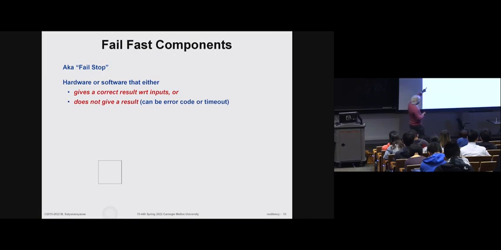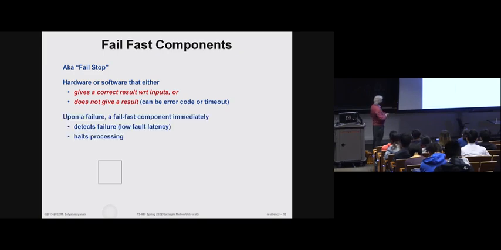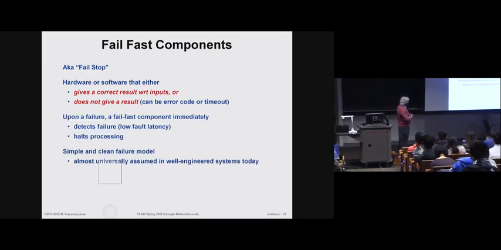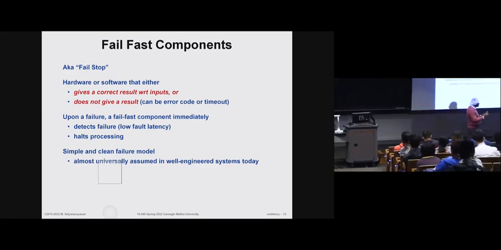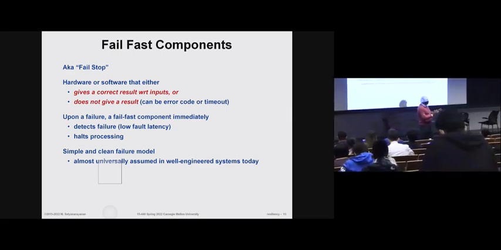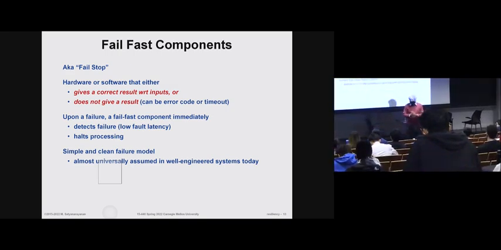Notice how similar this is to the definition of at most once RPC. That model, if you're able to achieve it, is called a fail-fast component. It's a very simple and clean failure model. It says, look, this system is not perfect, it may not always be able to give you an answer, but if it ever gives you an answer, you can trust it.